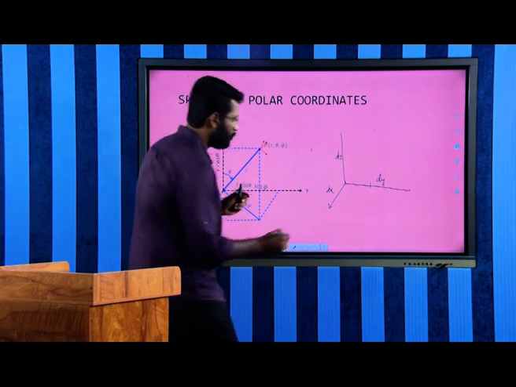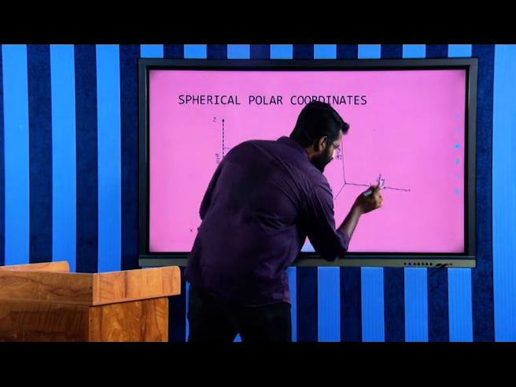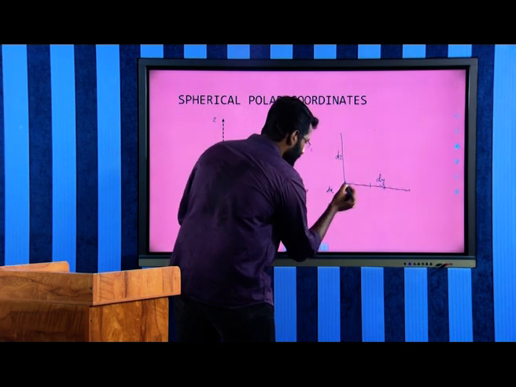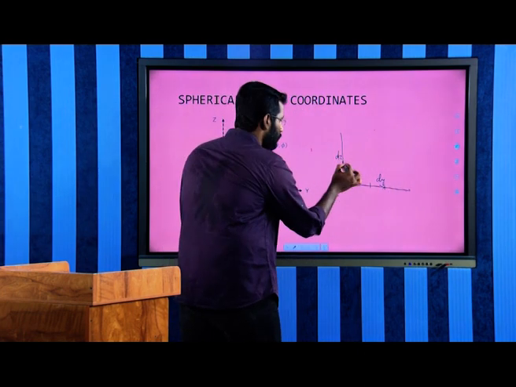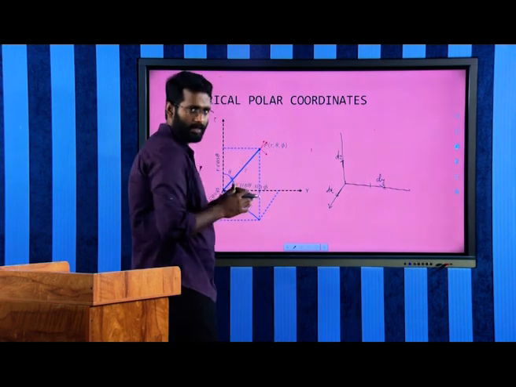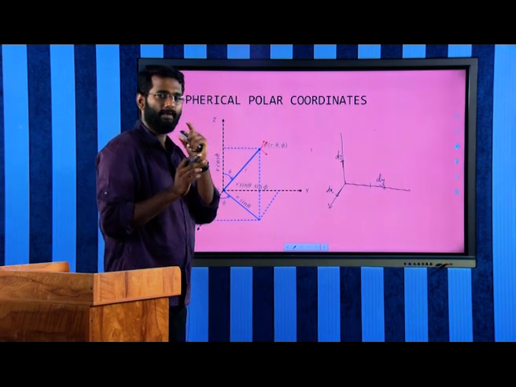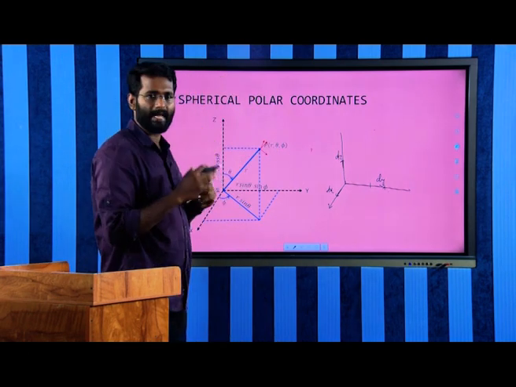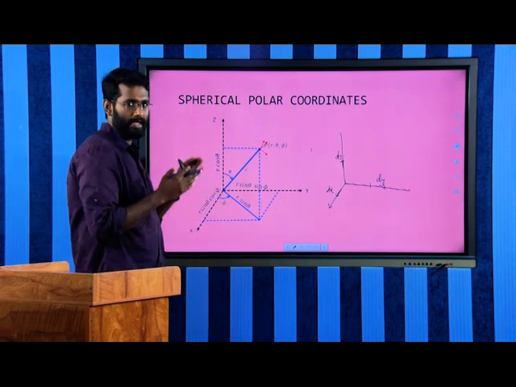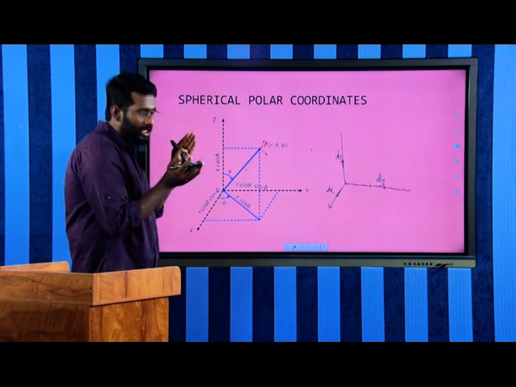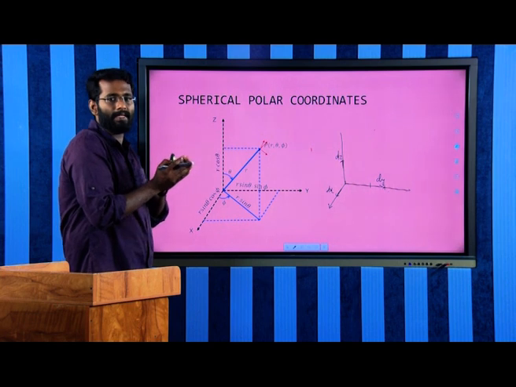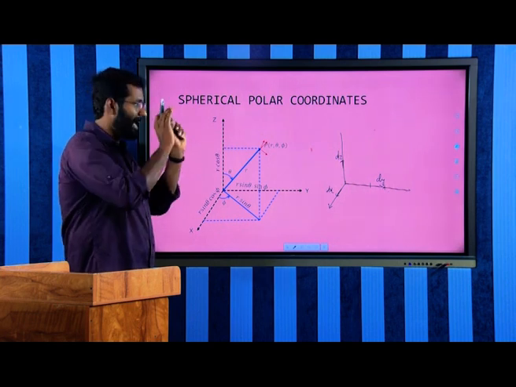So I move a distance dy along this, a distance dx here, and a distance dz here. They are all infinitesimal vectors pointed along the x, y and z direction respectively. These three individual movements will cause a particular movement in the entire system.